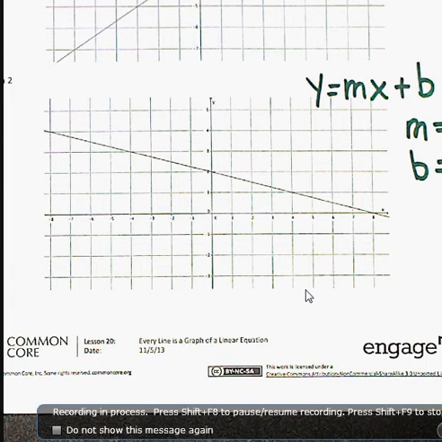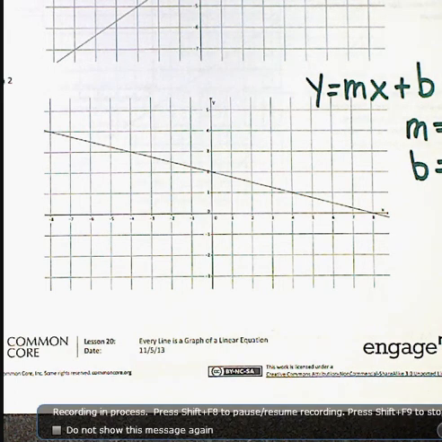Here, the only thing you have to account for is the negative.